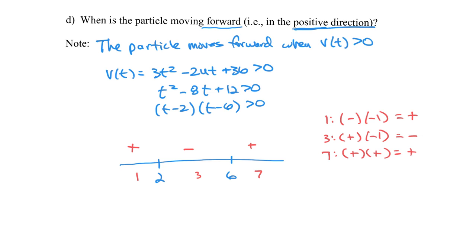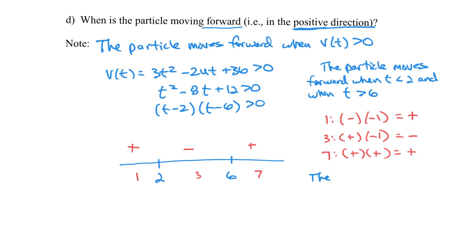So looking at this, we could say the particle moves forward when t is less than 2 and when t is greater than 6, right?